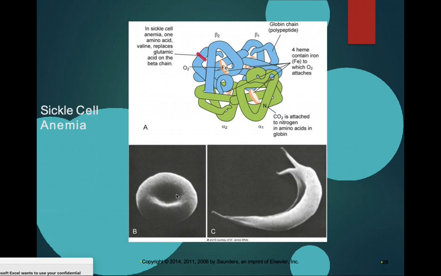So around the periphery it's much thicker, and in the center it is concave. This usually appears darker on microscope, and the inside, because it's thinner and the light can pass through, is typically a little bit lighter in color. It looks like a donut a little bit, right? And here's the sickle shaped. This becomes dangerous and a major problem.